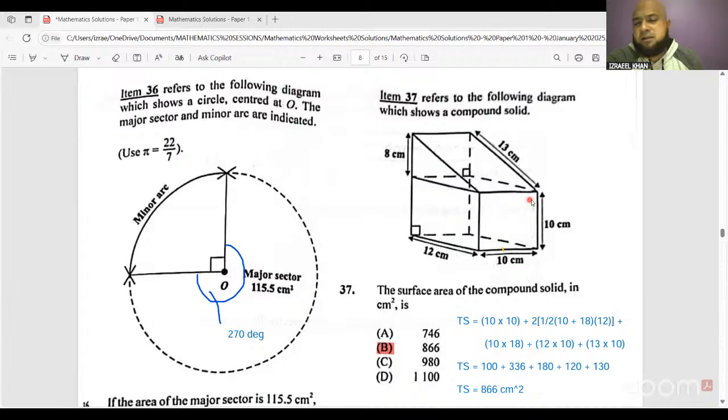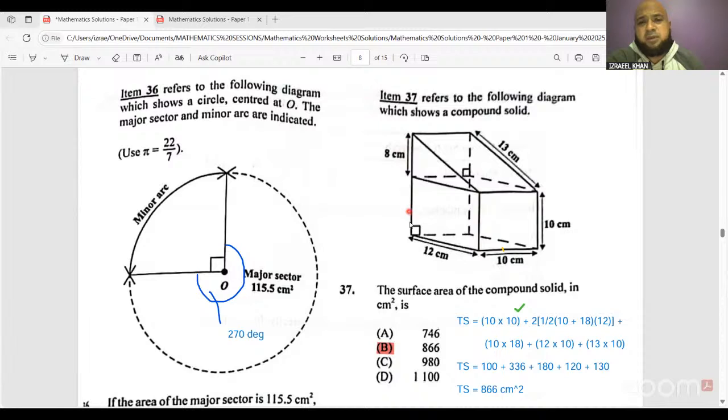So I tackled the front and went to the sides. The front here will be what? 10 by 10, which is this. Plus, what's the area of the trapezium? We know it's half (a plus b) times height. So it'll be half of what? Shorter side is 10.